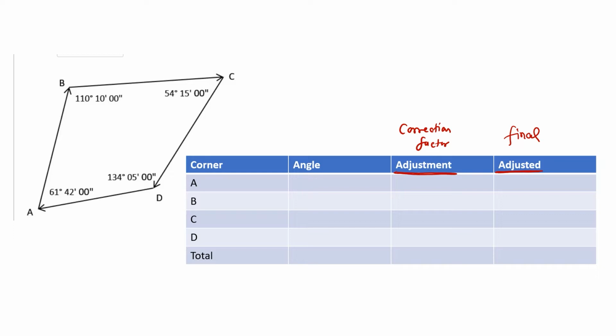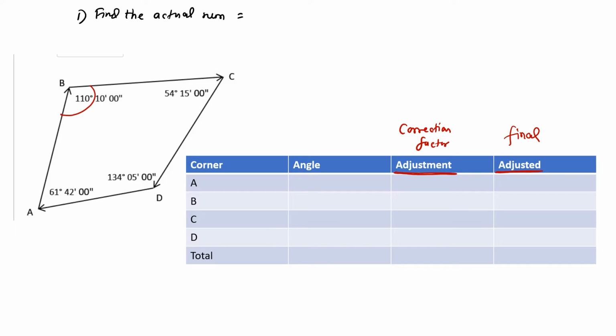So let's try to solve this step by step, and I want you guys to follow the steps, because these numericals need to be performed very systematically. Step one is you find the actual sum. How do you find the actual sum? Well, you add all the angles.